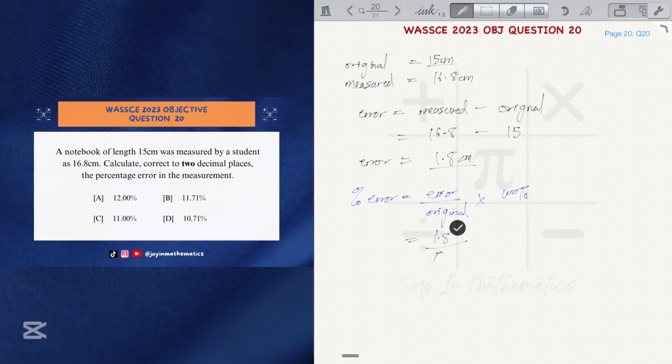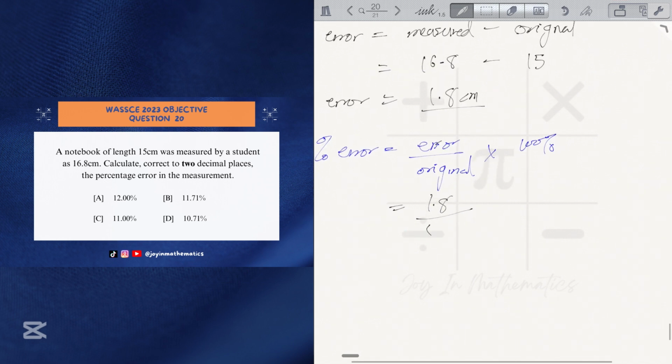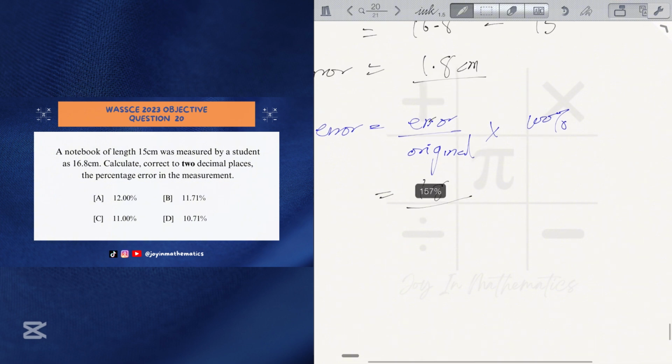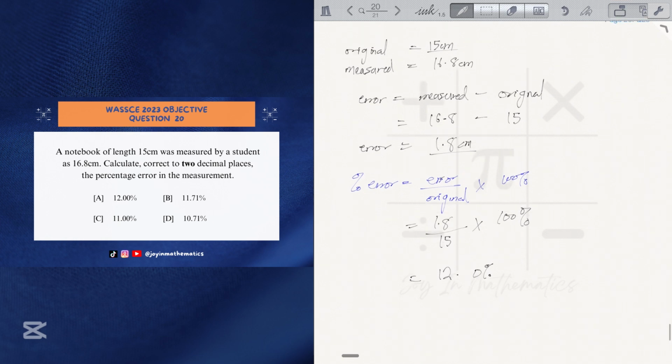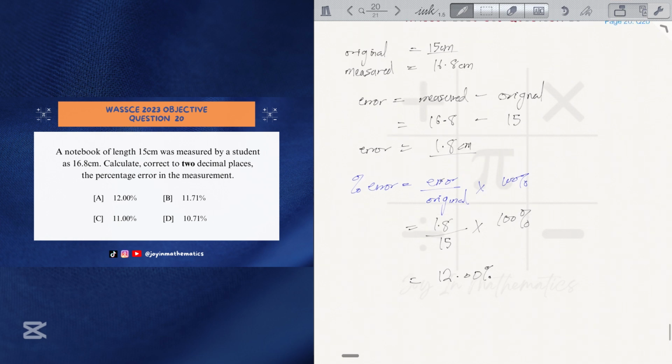We're not adding units because we know that they will cancel out. This is multiplied by 100%. So simplifying this further, you can use your calculator, and we will have 12.00%. So this is equivalent to option A.